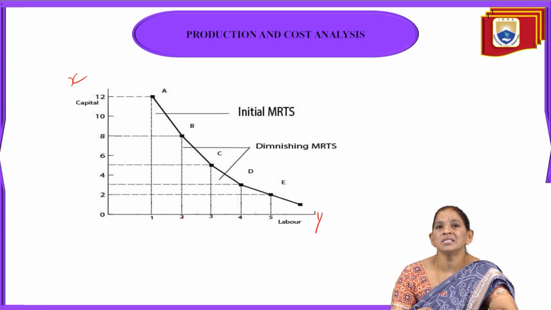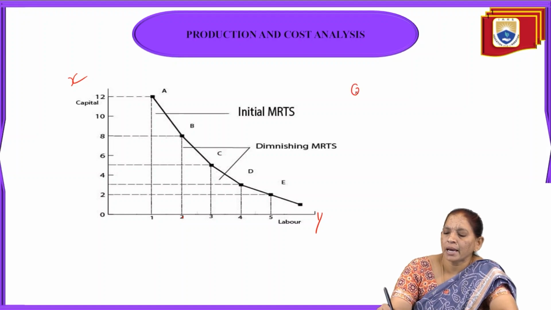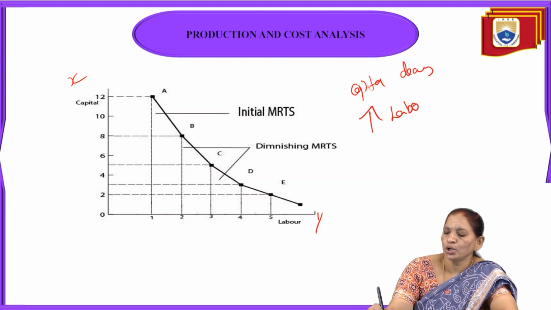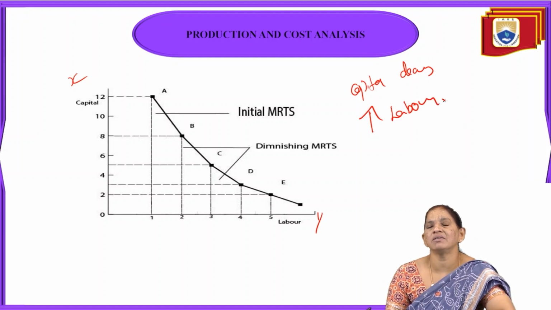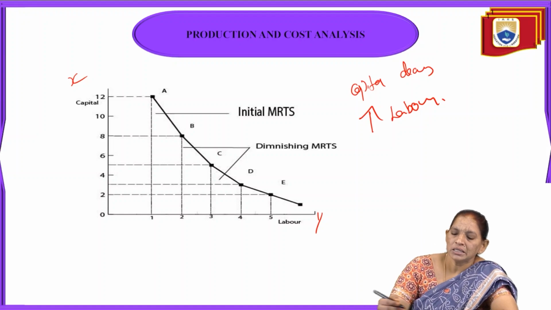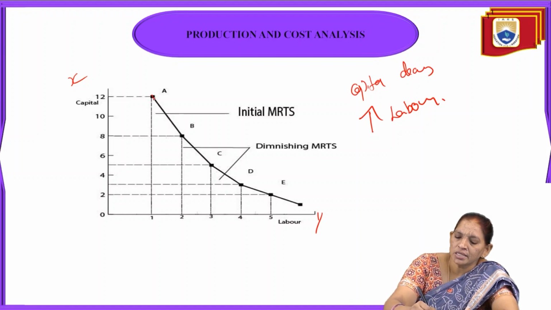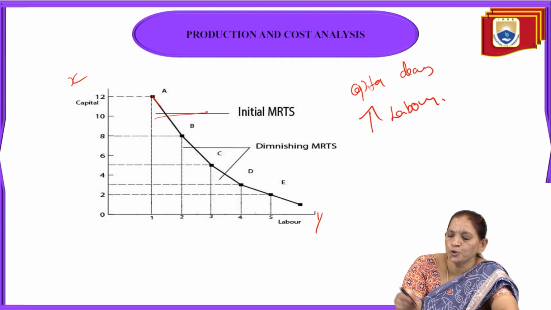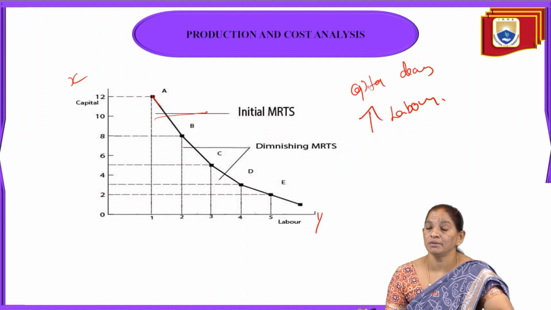Means as the capital decreases in this marginal rate of substitution, we identify an increase in labor utilization, which gives the maximum combination, showing that this marginal rate of technical substitution is itself diminishing.